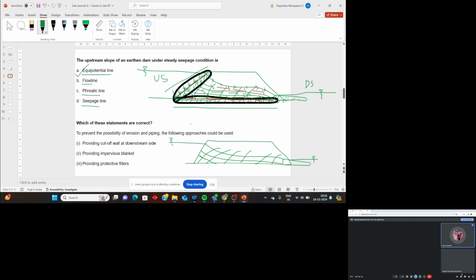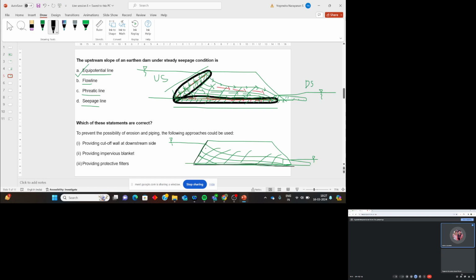Okay, okay. There is a mistake here. So this is also an equipotential line only. Yes, sir. This is also an equipotential line. This is also an equipotential line. This is also an equipotential line. Okay, sir. So please correct it.